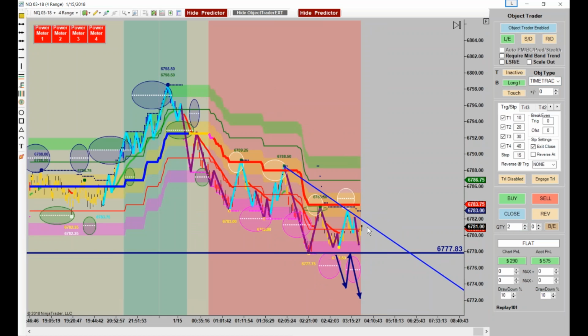So if they do, we'll do a touch plus 2 above that trend line. If it does happen to pop above it, we'll just try to get a scalp trade.